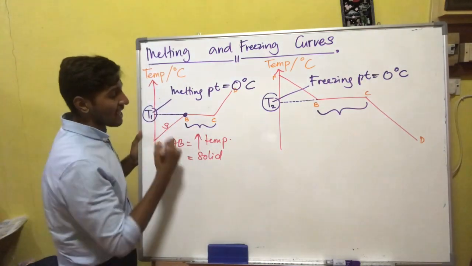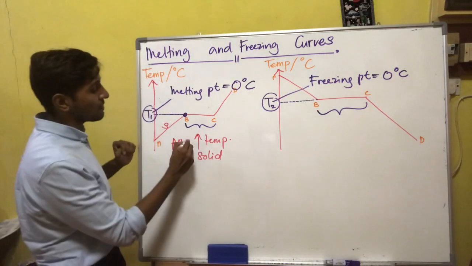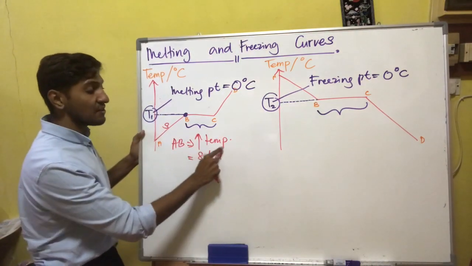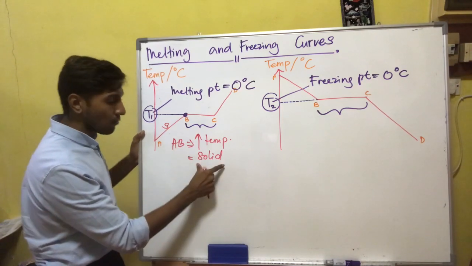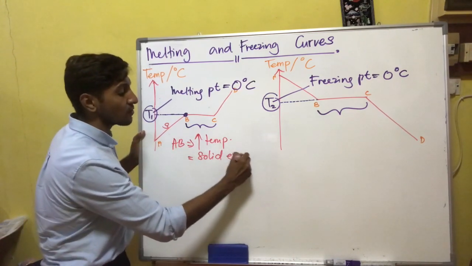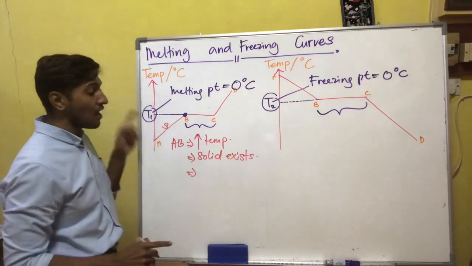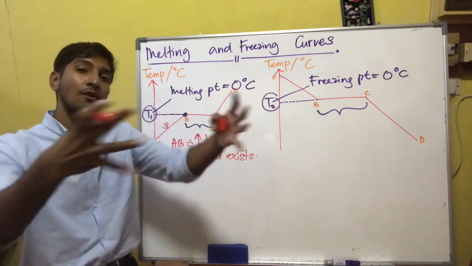In between B and C is another story. But wait, we're going to talk about A and B first. So now, A and B: there is an increase in temperature, and A and B only exist in solid. Only solid exists. And another thing that we need to remember, when there is an increase in temperature, just imagine if I put you guys in hot water.